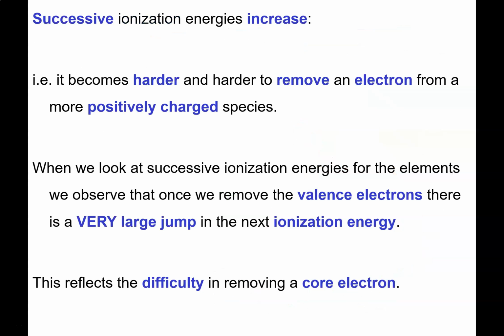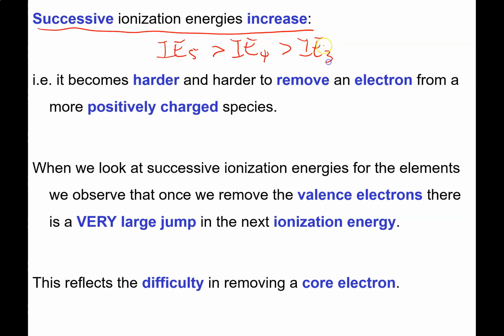We mentioned this idea earlier that successive ionization energies increase. So maybe I'm going to lose 5 electrons. That's going to be harder to do than losing the 4th electron, which will be harder than removing the 3rd electron, which will be harder than removing the 2nd one, which will be harder than removing the 1st one.